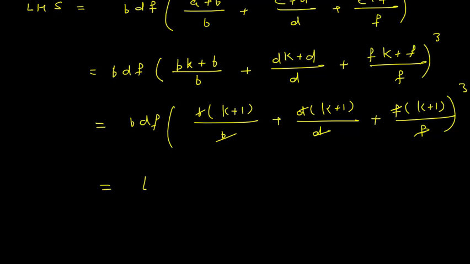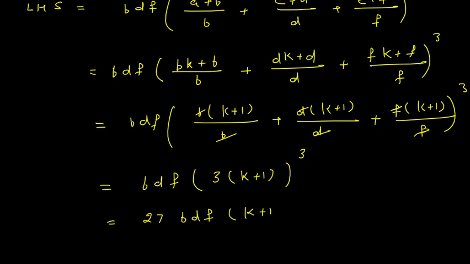So you have BDF, and then k plus 1, k plus 1, k plus 1. So you can say 3 times (k plus 1), and then the whole cube. This 3 cube is 27, and then we have BDF, and then (k plus 1) the whole cube. Okay, this I will call equation 1, LHS.